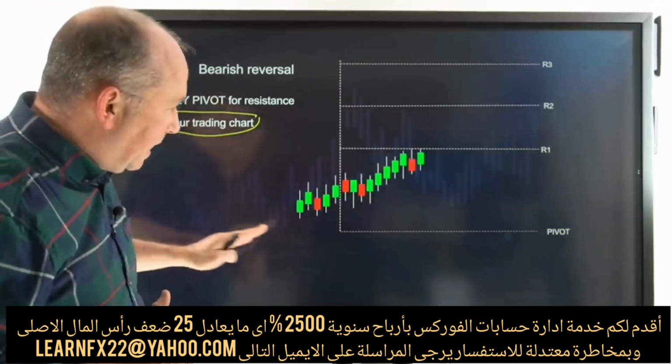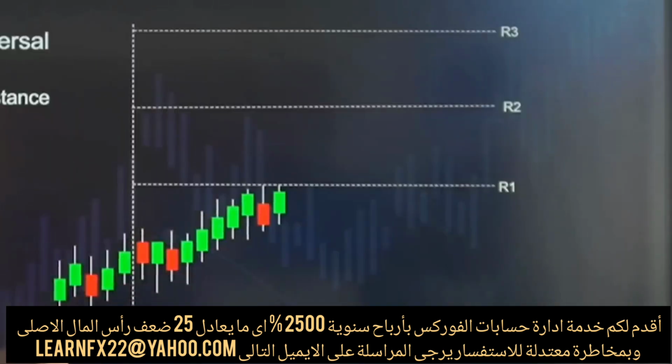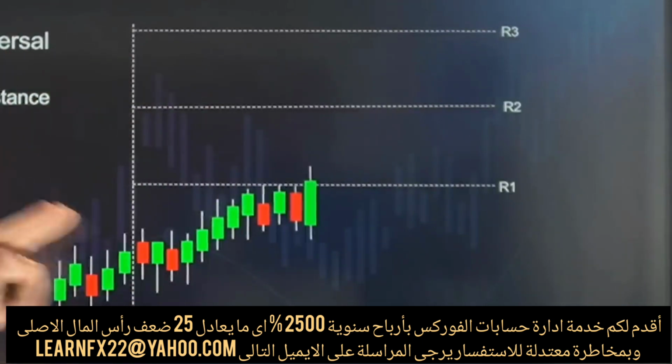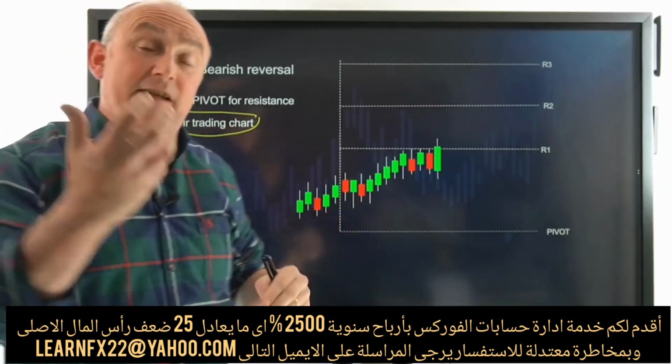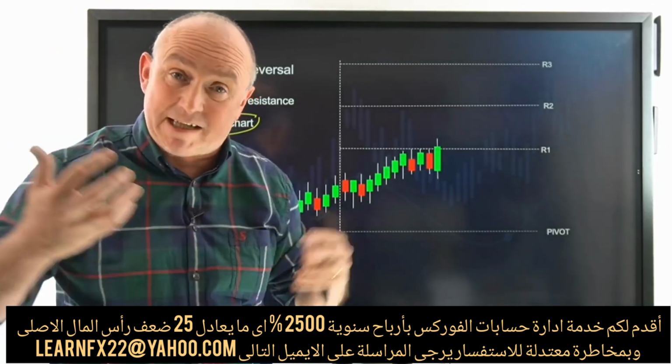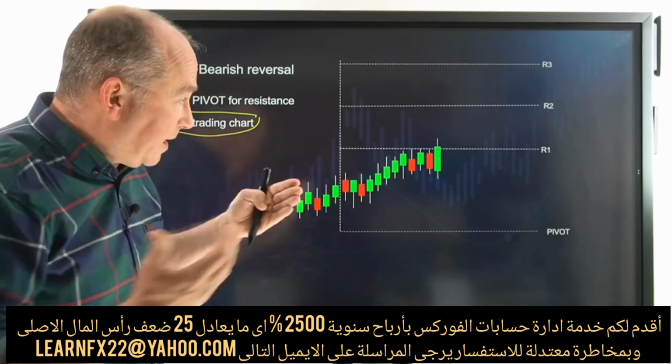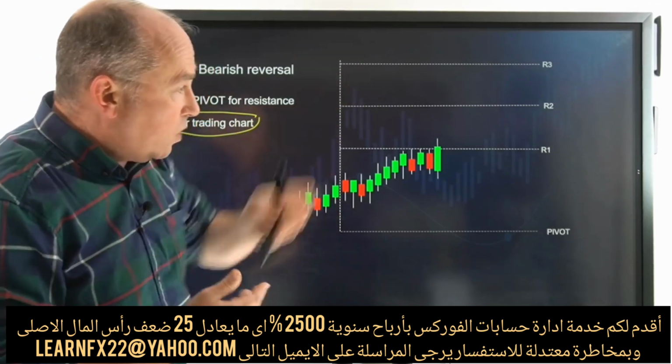So here you see the market is in an uptrend all the way from the pivot up to R1. Is it going to break out to the upside? Well, we don't know. Then you see this bullish engulfing pattern. That's where some traders will be taking long trades because they think this is where the breakout will start and the trend will continue.